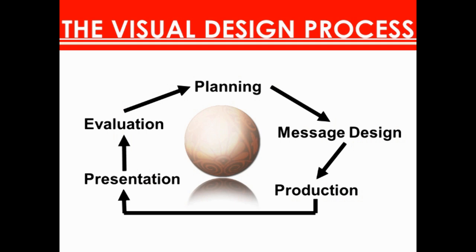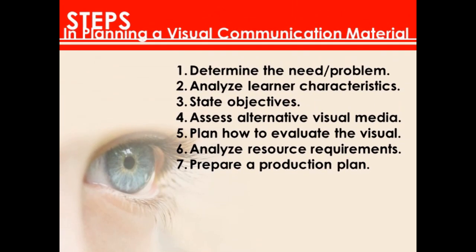The visual design process involves 5 steps: planning, message design, production, presentation, and evaluation. For this lesson, let's focus on the planning stage. Planning visual communication covers 7 steps.